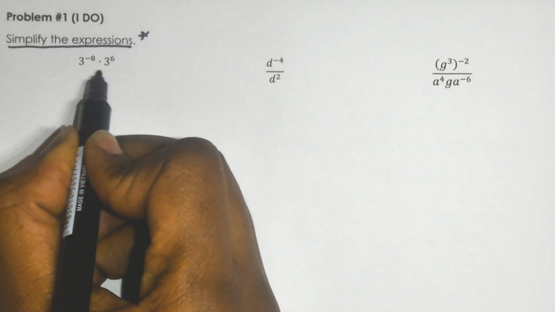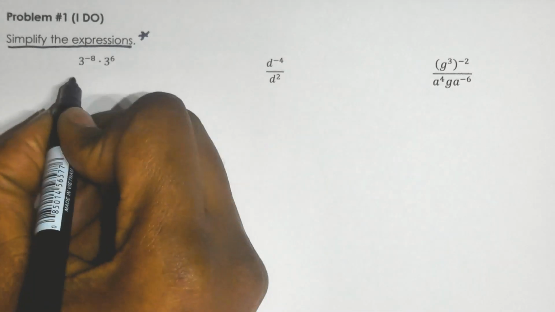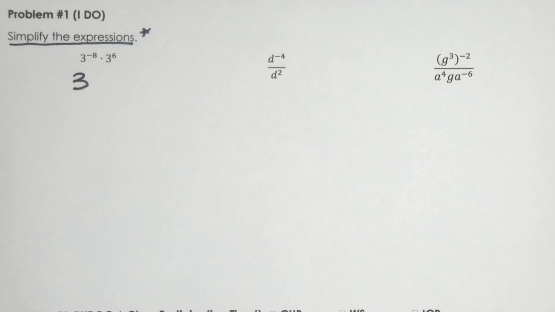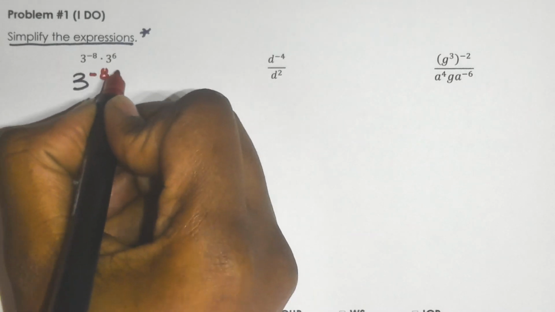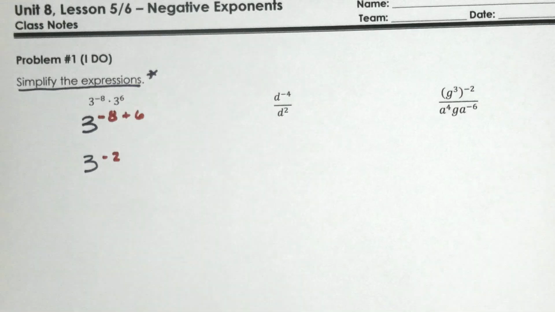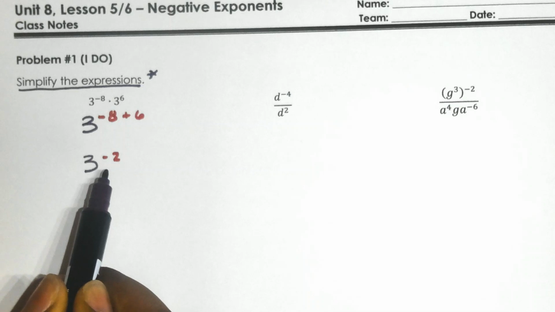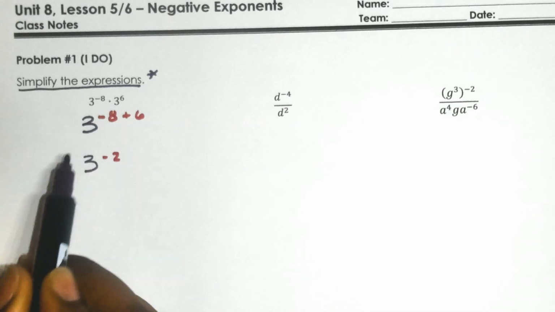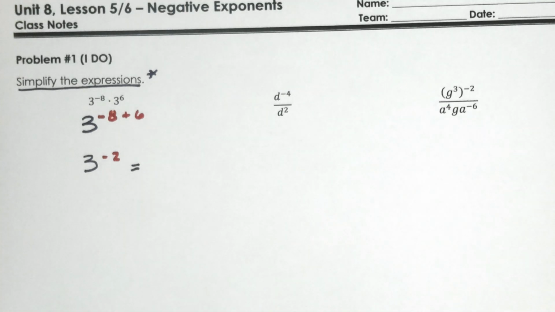This is a multiplication problem, so I'm going to be using the product of powers property. I'm going to keep the base, and I'm going to add the exponents. So negative 8 plus 6. So I get 3 to the negative 2nd power, and I want to rewrite this expression as an equivalent expression with a positive exponent.